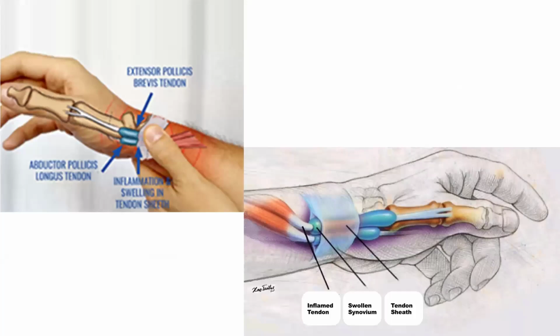This shows you the site of tenderness of de Quervain tenosynovitis as it is passing through the first tunnel to the thumb. These two tendons, the abductor pollicis longus and extensor pollicis brevis, can get inflamed.